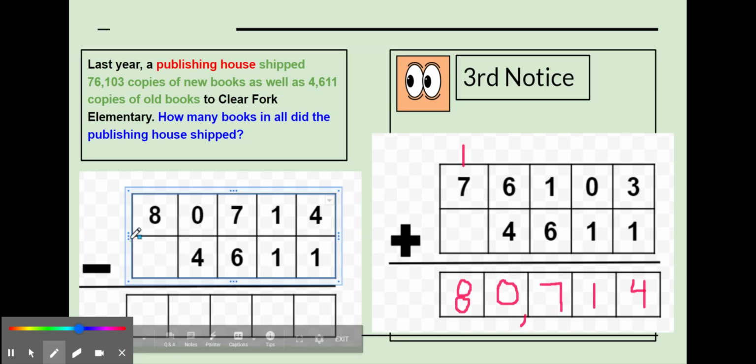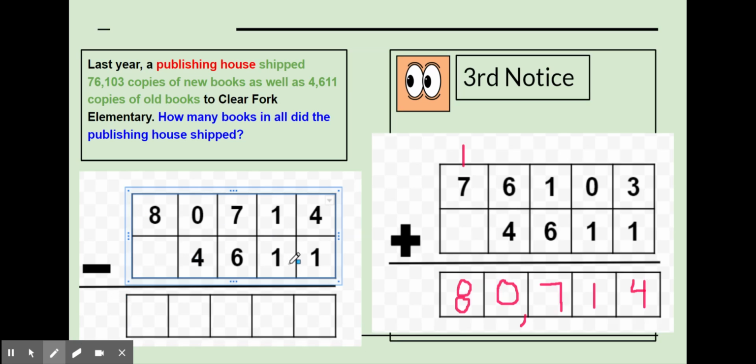And the same as with adding, you want to make sure when you write your problem that you stack up your numbers in the correct place value. Starting in the ones place, 4 take away 1 is 3. 1 take away 1 is 0. 7 take away 6 is 1.